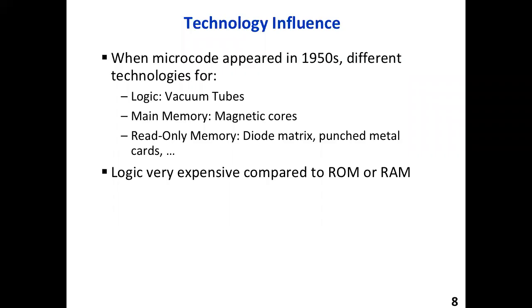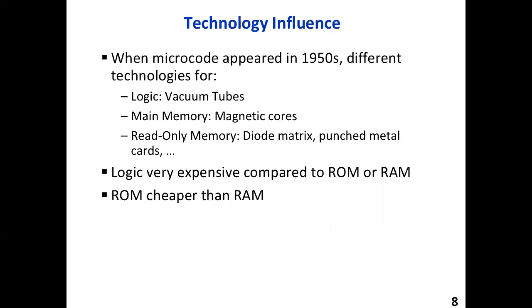Logic is expensive compared to the storage facility. So read-only memory based on diodes is pretty inexpensive. Read-only memory based on magnetic cores, that would be terribly expensive. So at that point, the difference is the difference between being able to read or being able to write it.